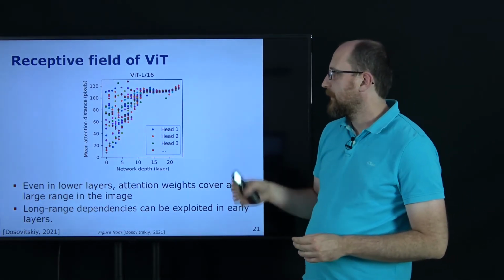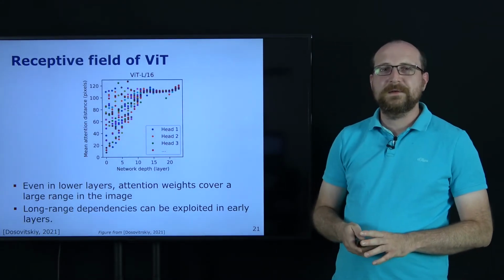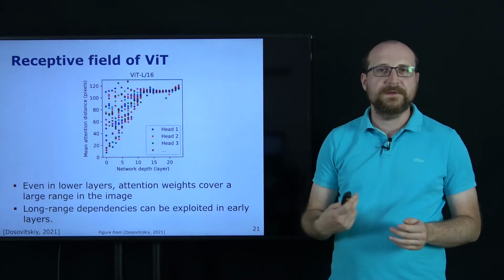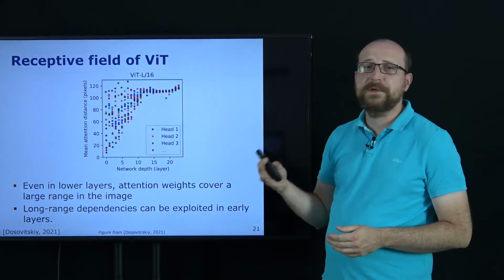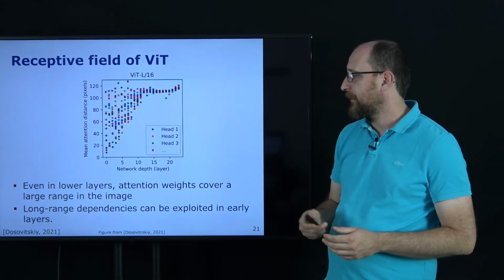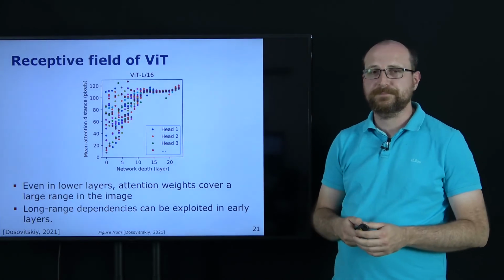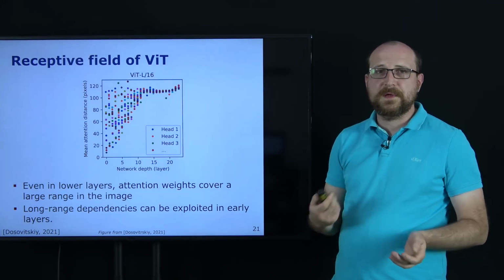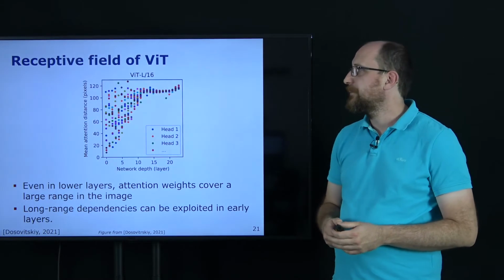This is a very cool result in the end, that you can see there's something different happening than in the normal convolutional layers. So we have these long-range dependencies already in the earlier layers, and this is very different from what happens in convolutions.